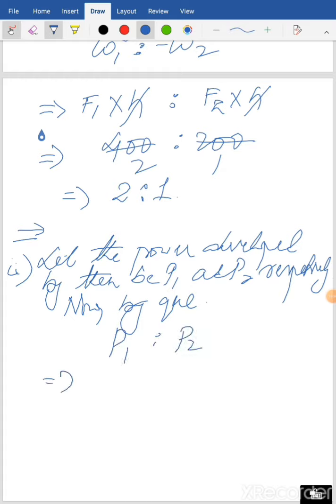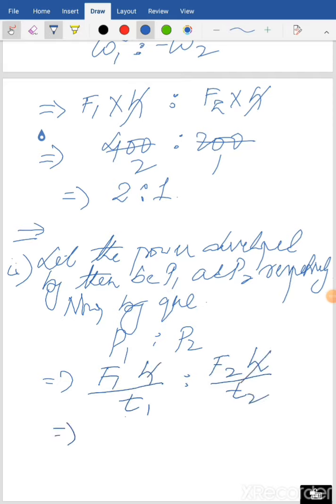And here power is W by T, and W here is F into H, so P1 is F1 into H by T1 is to F2 H divided by T2. So let's cancel H and H here. So I'll have here F, that is force, is 400 and the time taken by the boy to do the work is 10 seconds.